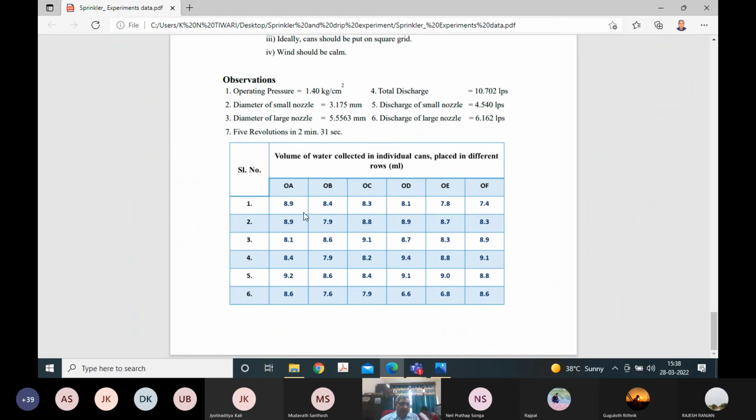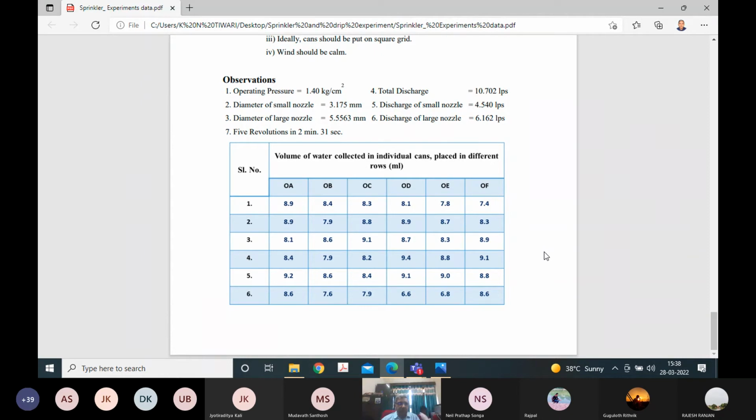Then this is your x2, x3, x4, x5, x6, x7, x8, like this. You will be subtracting and getting the summation of these deviations.